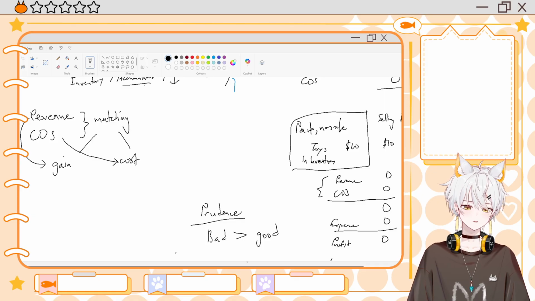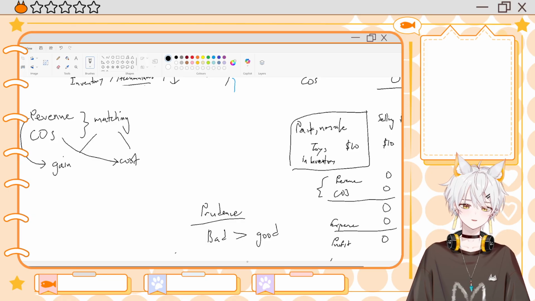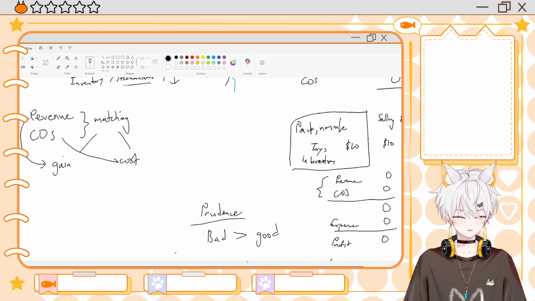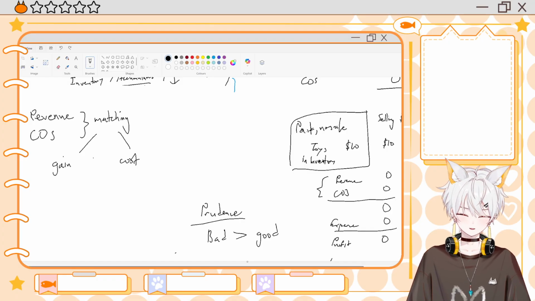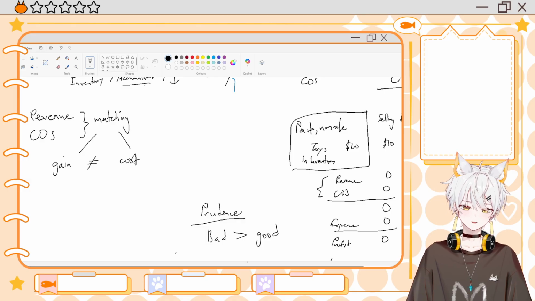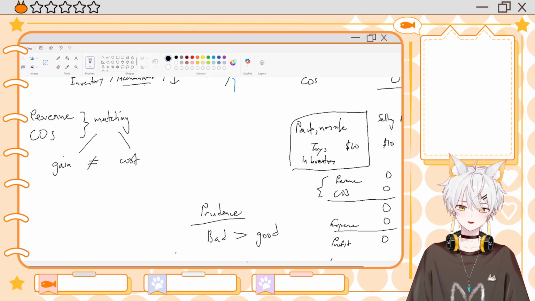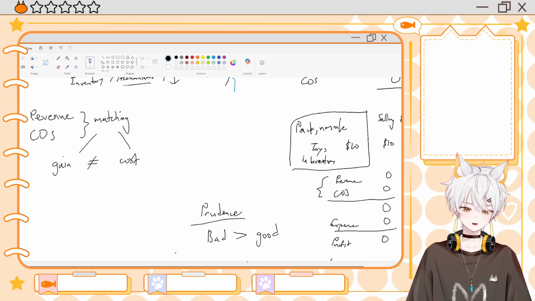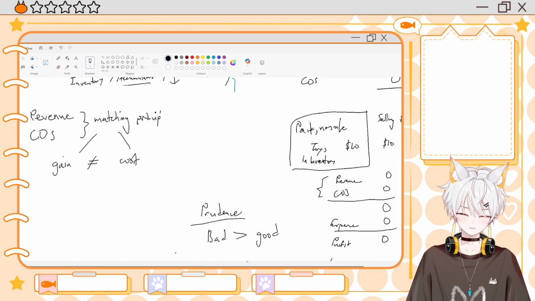Usually that's your next step of thinking. Does it have to balance out? No, balance out as in it need not be equal. Your gain can be lower than your cost. You make a loss. But the important part is you need to match it. Basically, you need to tie it to a certain something. This is called the matching principle.